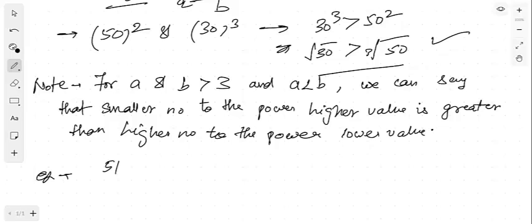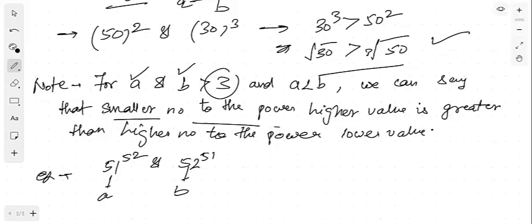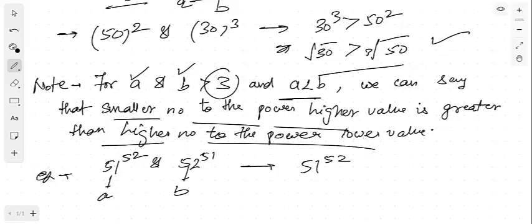If it is asked to compare 51 to the power 52 and 52 to the power 51, this is A, this is B, and both A and B are greater than 3. Obviously 51 and 52 are greater than 3. Then we can say that the smaller number to the power higher value, the smaller number which is A, since A is less than B, smaller number to the power higher value, which is 51 to the power 52, is greater than the higher number to the power smaller value, 52 to the power 51.